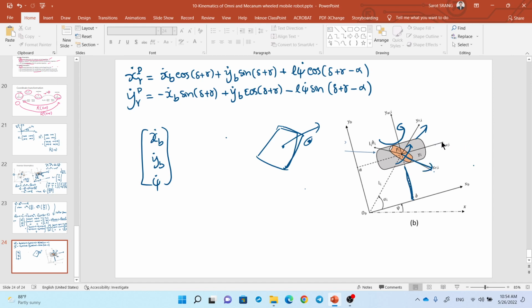So assume that the roller has no slippage on the floor.